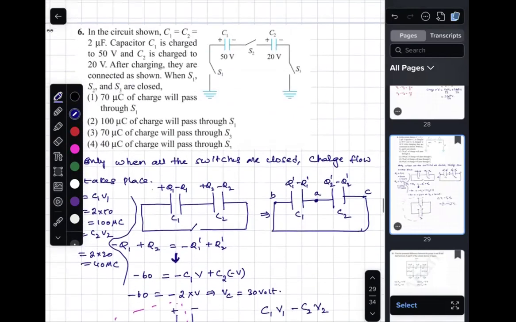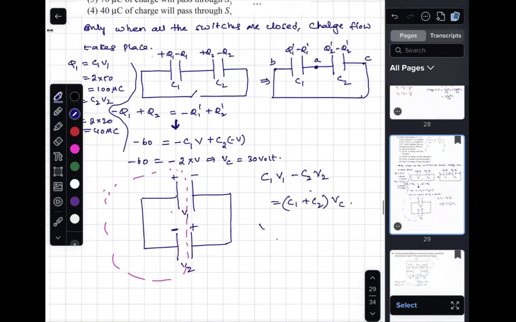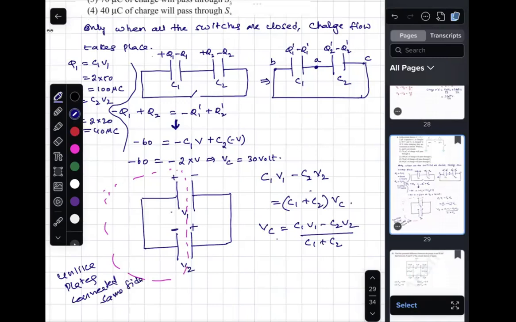Okay. So therefore, V common is nothing but C1 V1 minus C2 V2 by C1 plus C2. Remember, this is the case where unlike plates connected same side. Last class, like plates connected same side. Right.